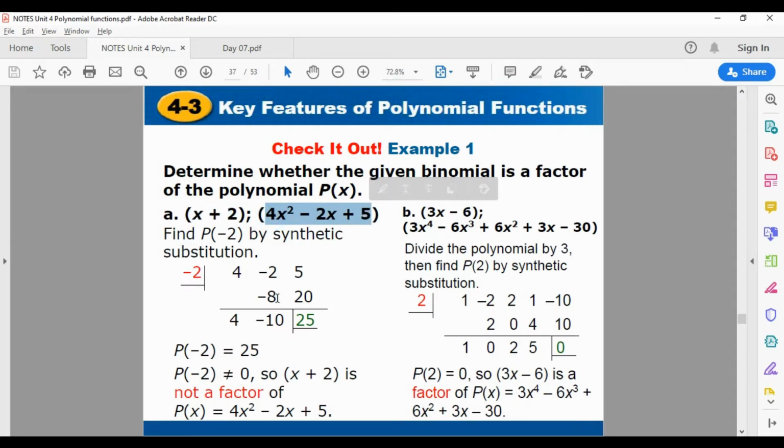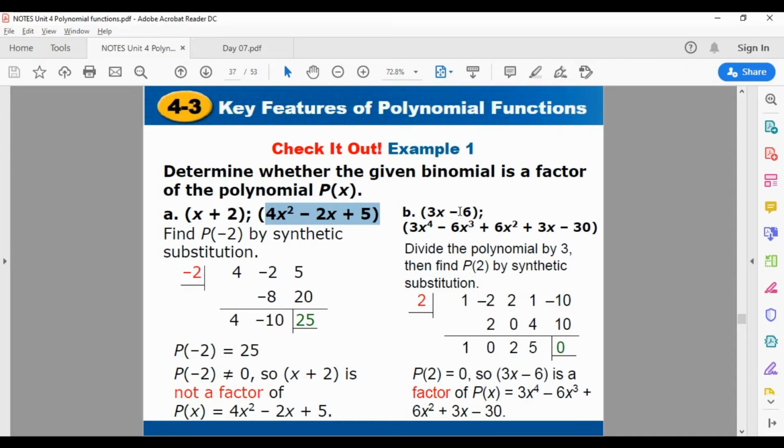And when we go through the synthetic division, we find out that it is not actually a factor. But then, in addition to that, we can also evaluate the polynomial when p is negative 2. So we would know that the evaluation of this function at negative 2 is also going to be 25. So we're killing 2 birds with 1 stone in terms of this one.